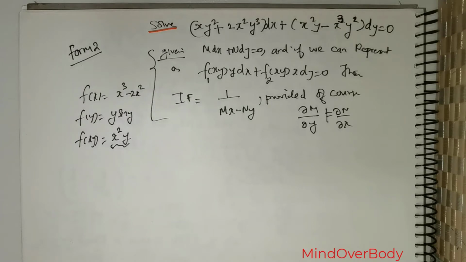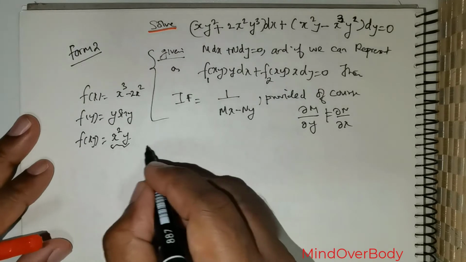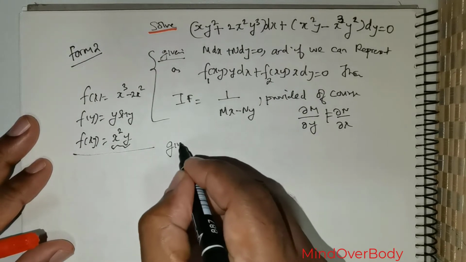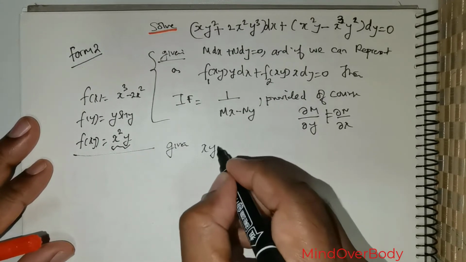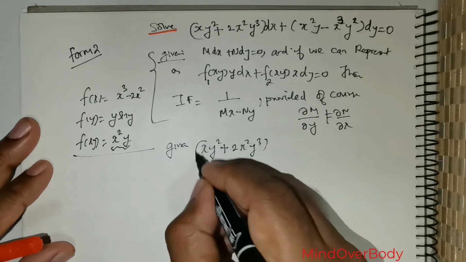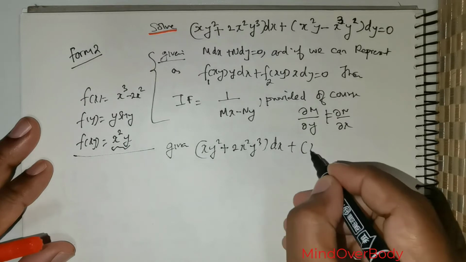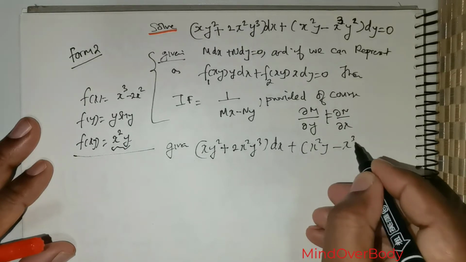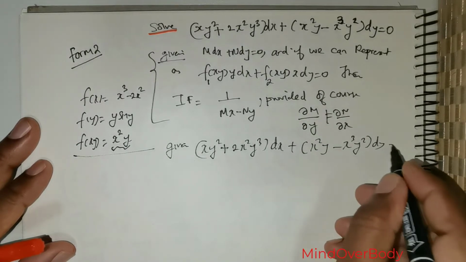So having mentioned this, let us move on to solve this question. So foremost, what is given? We are given that x into y squared positive 2 times x squared y cubed times dx positive x squared y negative x to the power of 3 times y squared times dy is equal to 0.